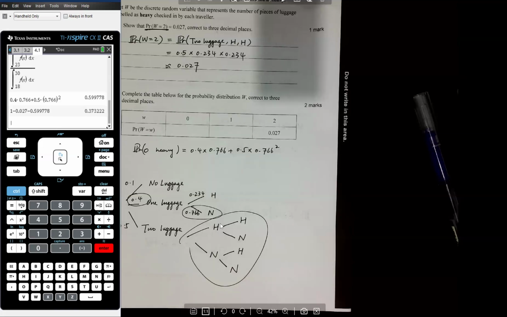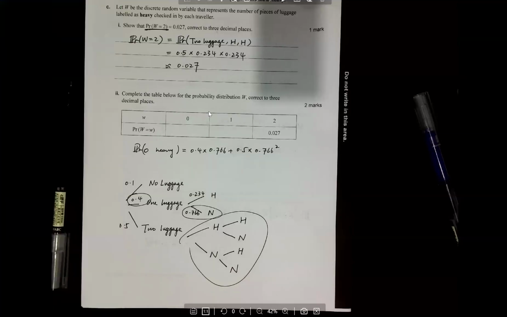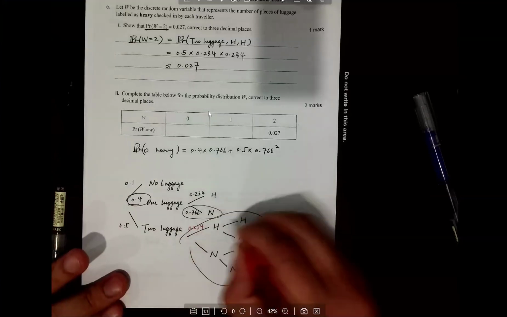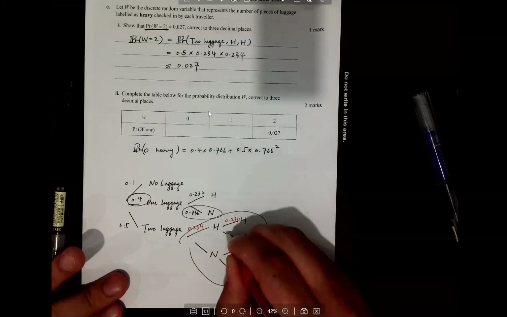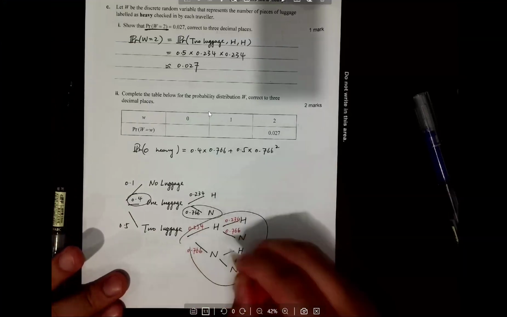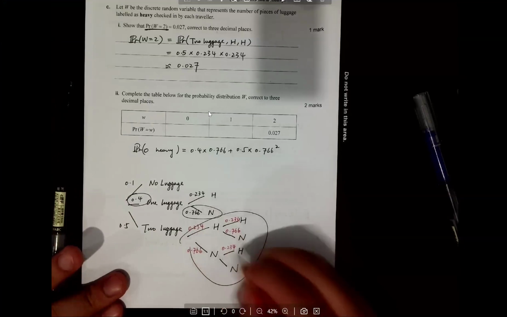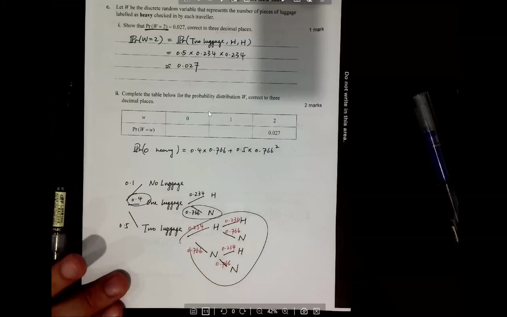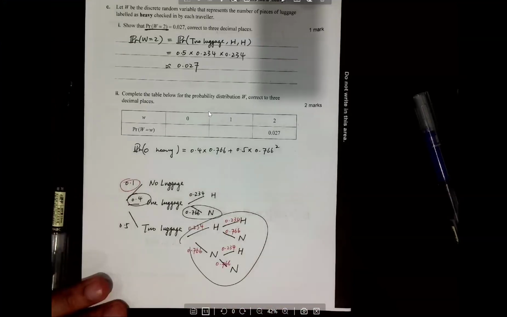Let me just double check all the possibilities. 0.234, 0.234, 0.766, 0.766, 0.234, 0.766. Oh, actually, I also need to include the 0.1.